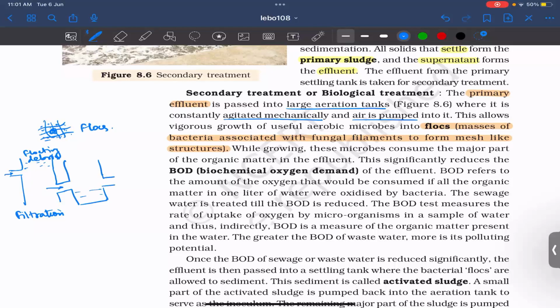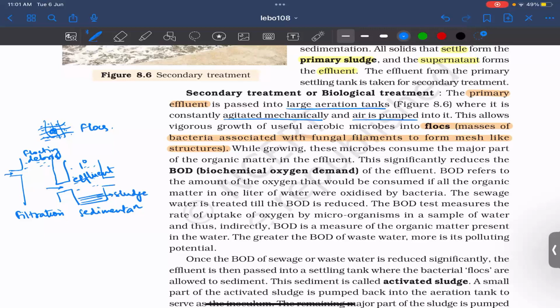This is the sludge, and this above is the primary effluent. This is sedimentation, and this is sludge.